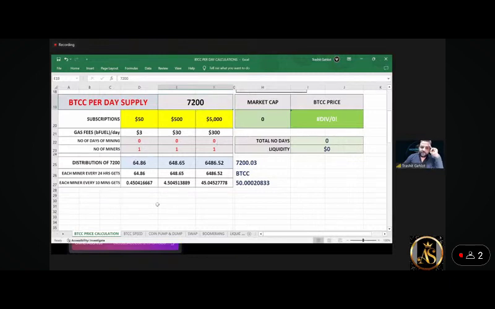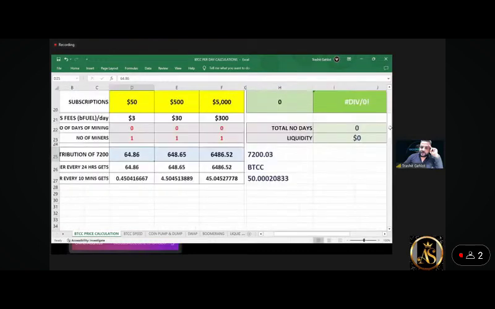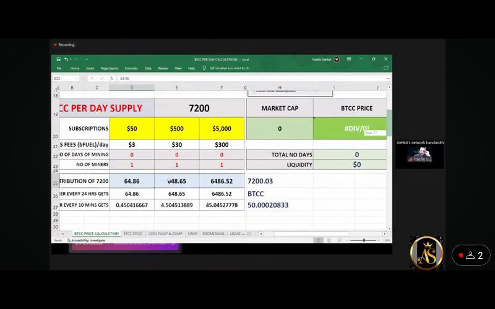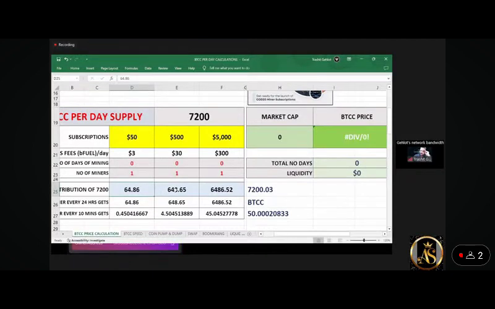The $50 miner claims 64.86 from the daily supply, the $500 miner claims 648, and the $5,000 miner claims 486. So depending on their hash power, this 7,200 is distributed amongst all the miners.